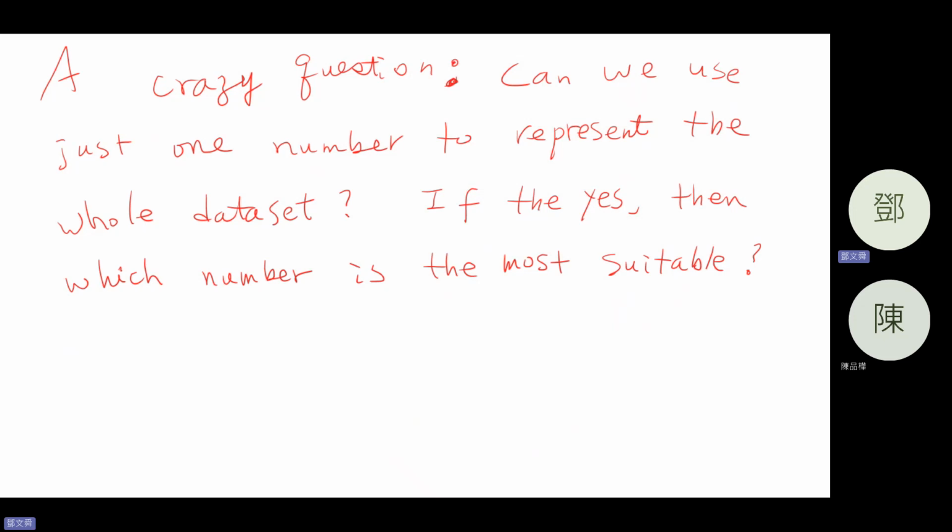Which number is the most suitable? Some number in the central location, right? The answer is some number in the central location.